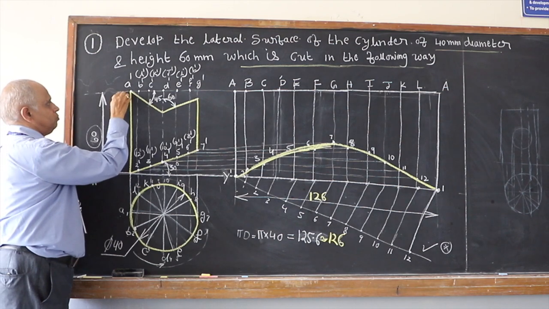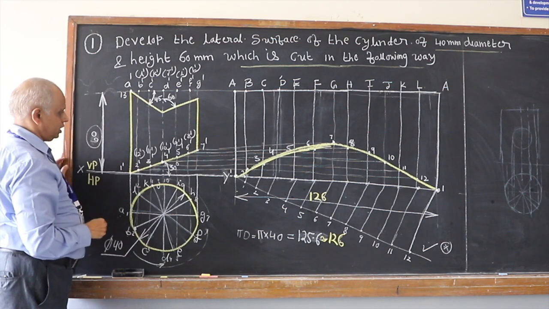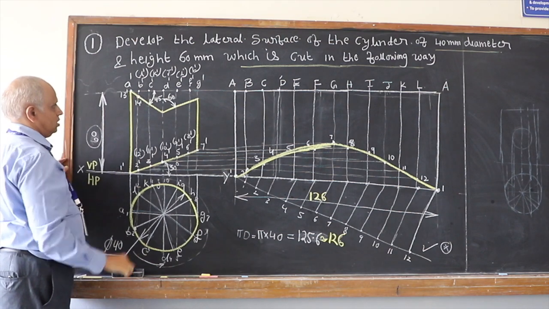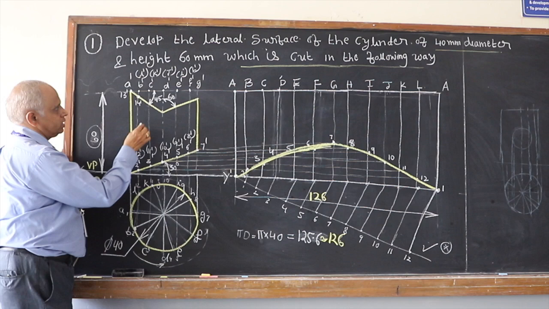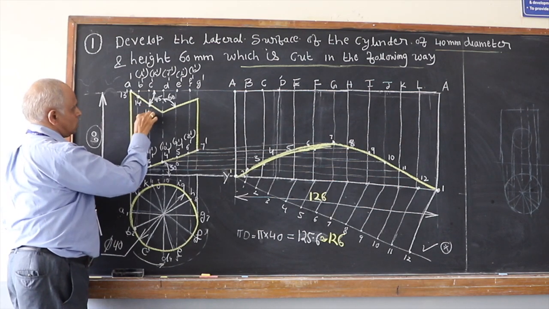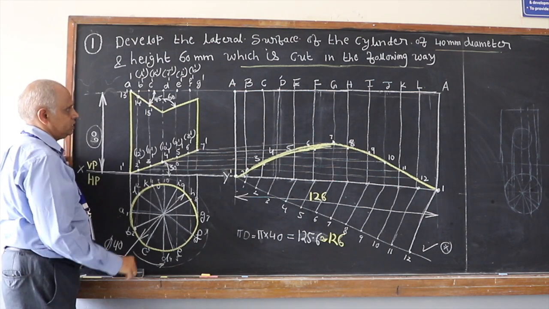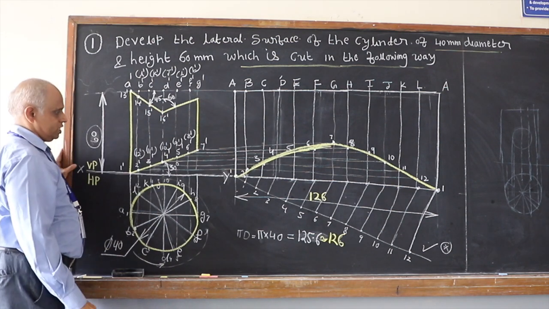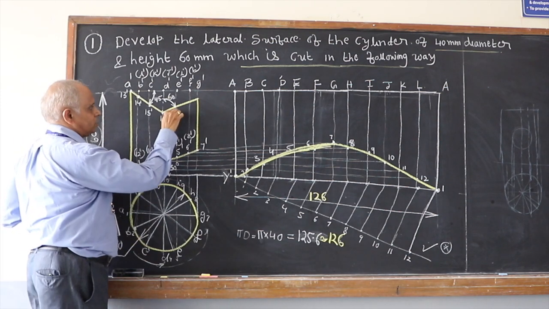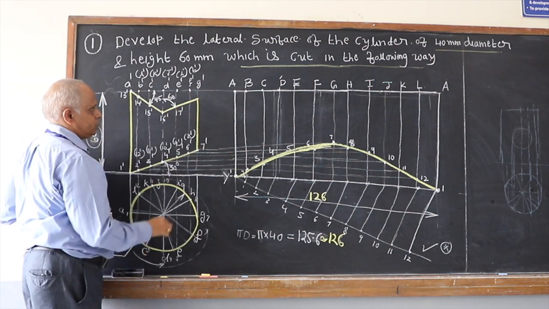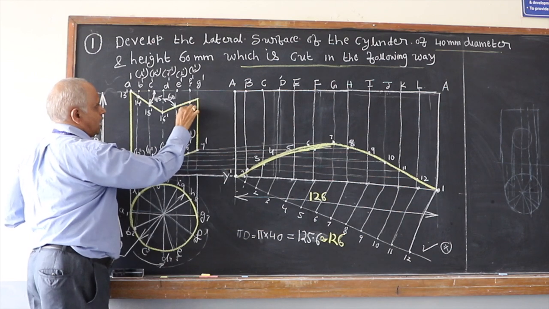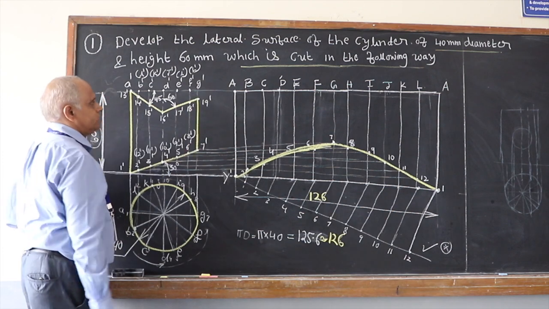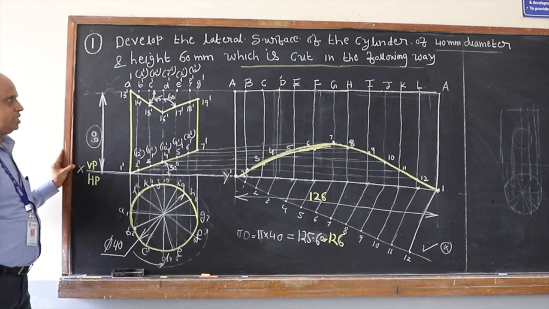So this is section point 13 on A, section point 14 dash on B generator, 15 dash on C generator, 16 dash on D generator, then 17 dash on E generator, 18 dash on F generator, and 19 dash on G generator.